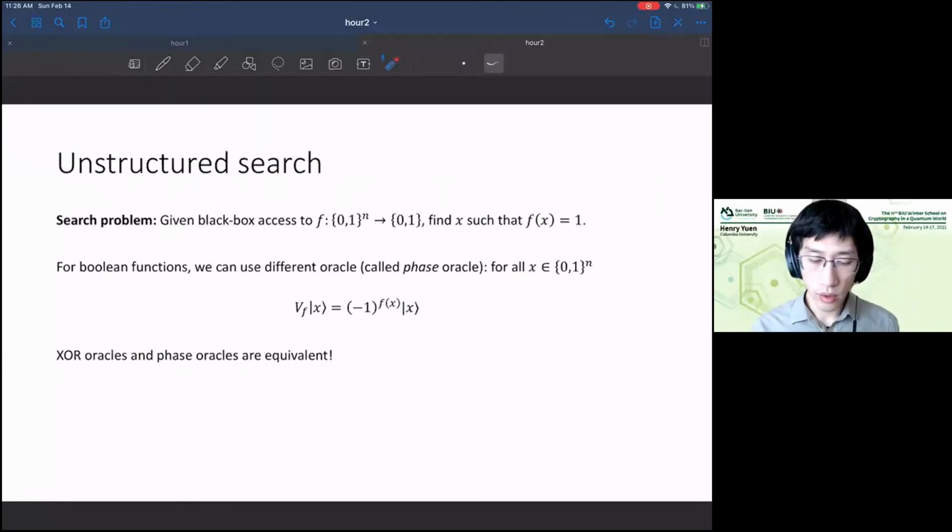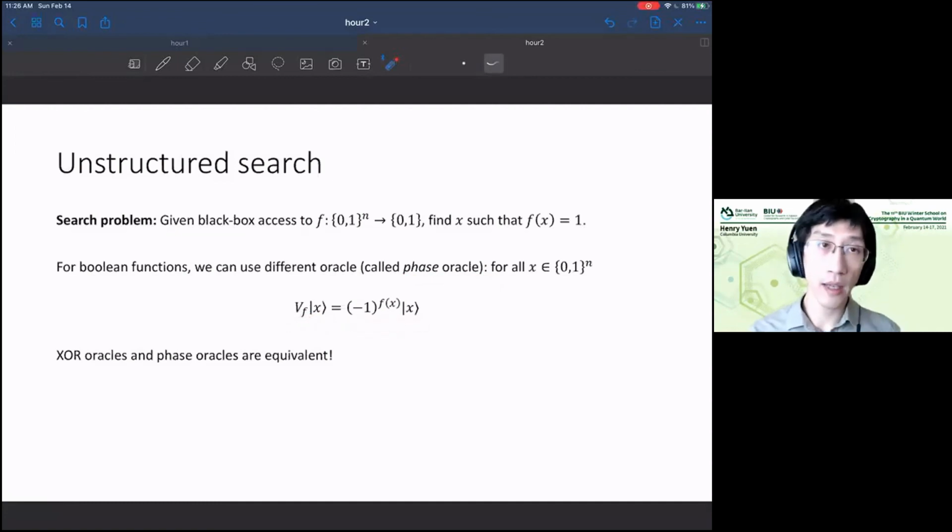And here, just to describe the algorithm in a nice way, we're going to call a slightly different oracle. It's not going to be this U sub f that we described before, but another unitary that's equivalent, called the phase oracle. It's an n-bit unitary, V sub f. It acts on classical basis states x, and it leaves the basis state unchanged, but puts a phase in front.